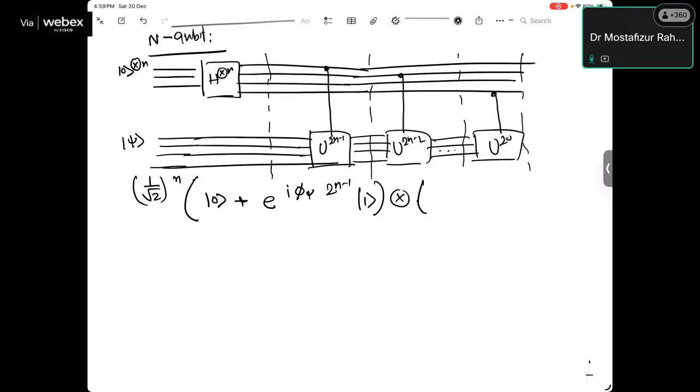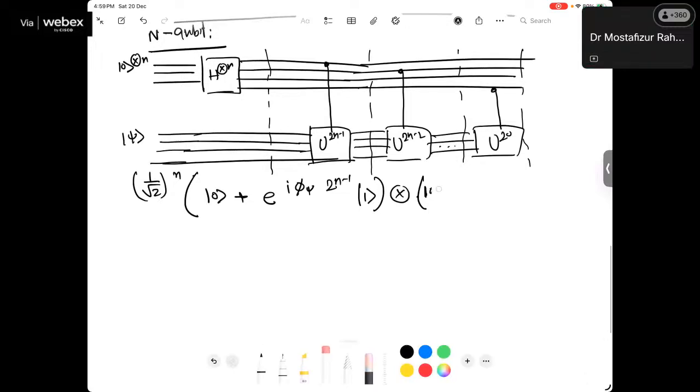Just like yesterday, when we derived it for QFT, a similar kind of derivation has to be done. |0> plus e to the power i phi 2 to the power n minus 2 |1>, tensor product, and so on.